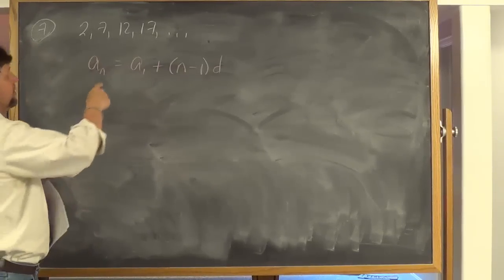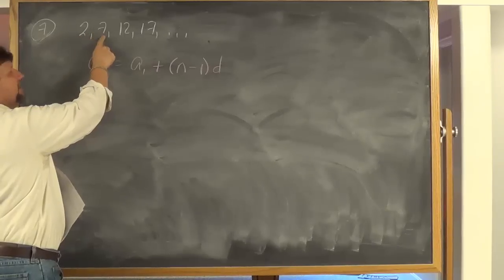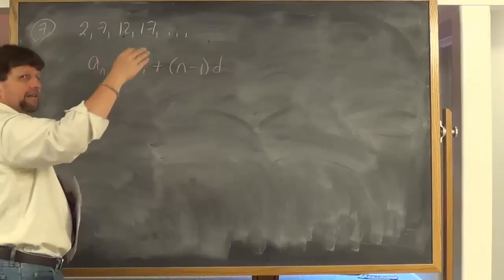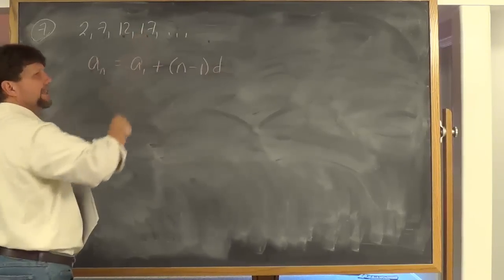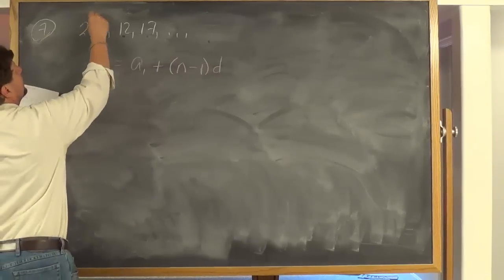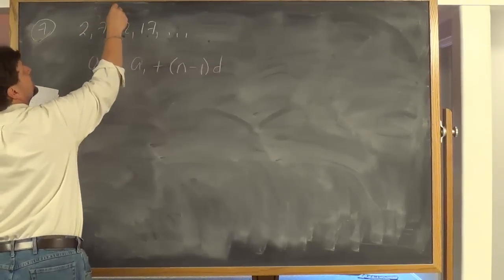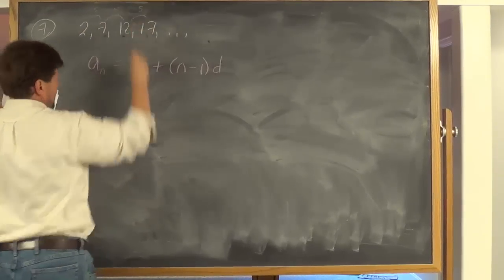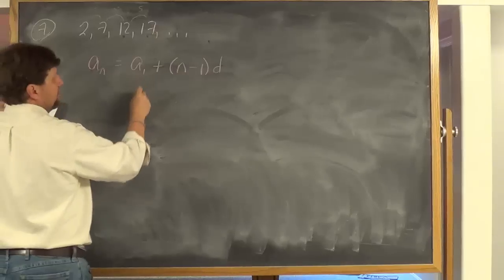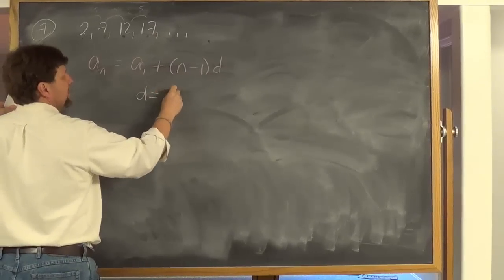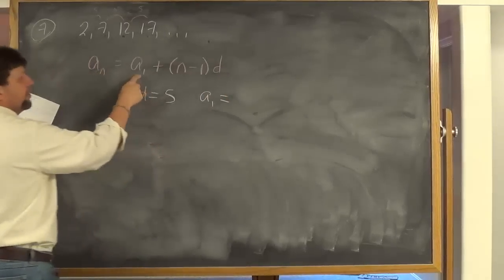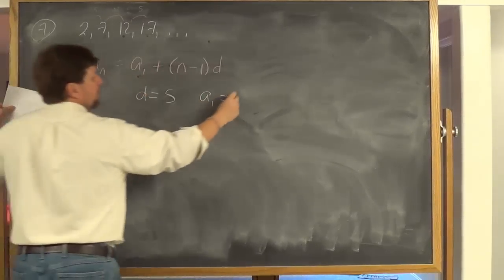So let's just look and see what's happening. 2 to 7, that's a difference of 5. 7 to 12, 5. 12 to 17, 5. So we can see right now that for this problem, our common difference is 5, and we also know the first term, a sub 1, is 2.